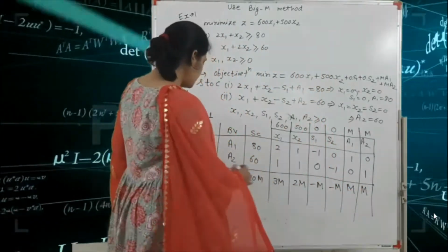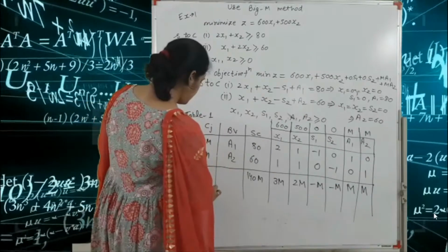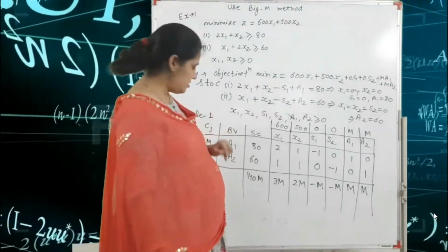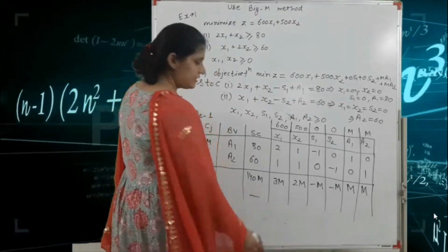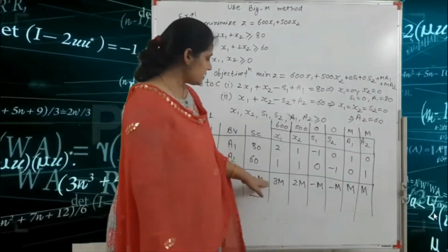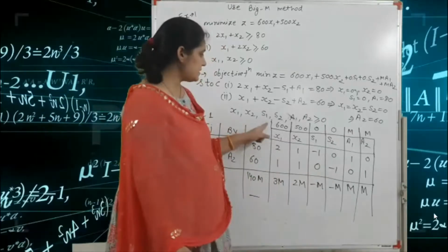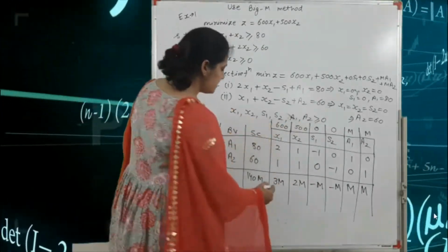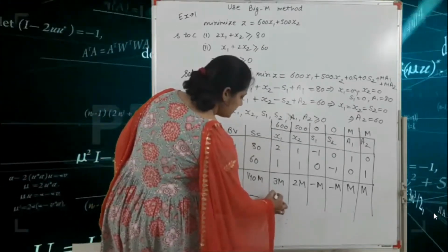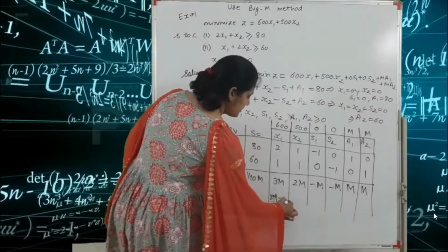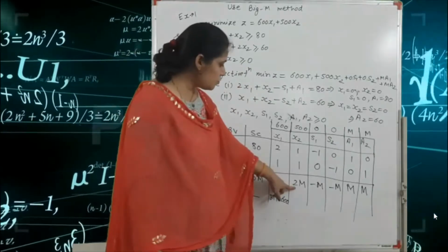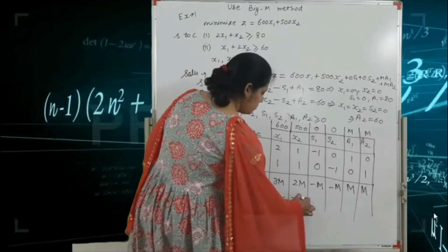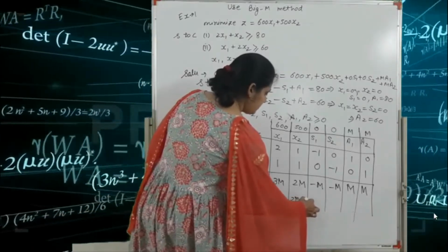Next we find Zj minus Cj. Here we write the dash sign. This is your Zj row and this is your Cj. So 3M minus 600, we write here 3M minus 600. 2M minus 500, so you write here 2M minus 500.